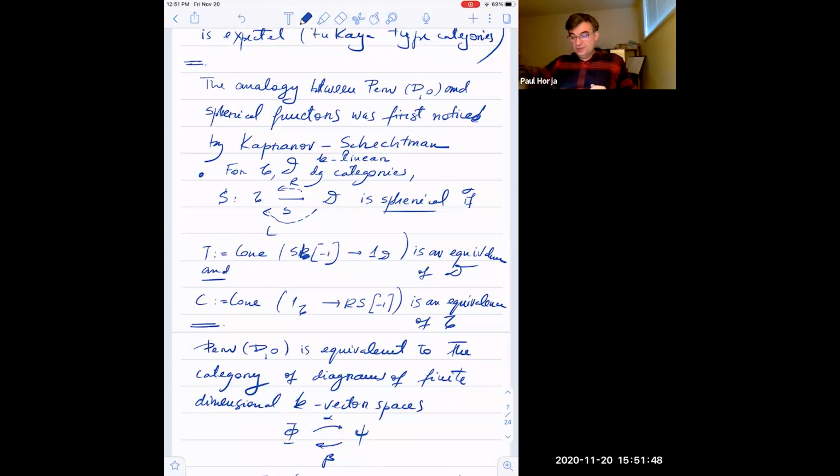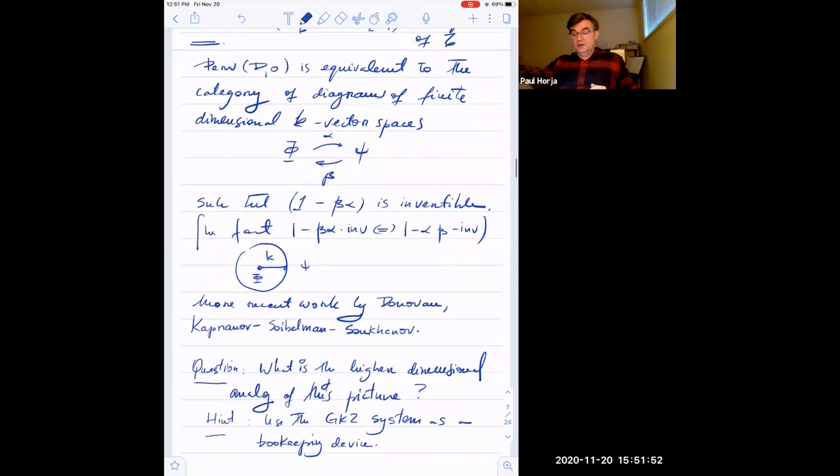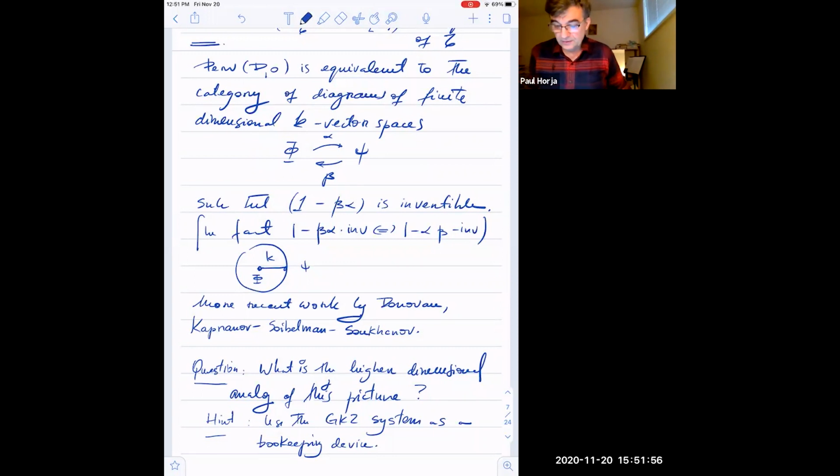So what Kapranov and Schechtman noticed is that there is a nice result, which I think goes back to maybe work of Malgrange, maybe Maisonobe, and other people, who noticed that understanding the perverse sheaves on the disk, with stratification given by the origin and the rest, is equivalent to giving the usual couple of nearby cycles and vanishing cycles, that is, two finite dimensional k-vector spaces with corresponding maps alpha and beta, such that 1 minus beta alpha and 1 minus alpha beta are invertible.